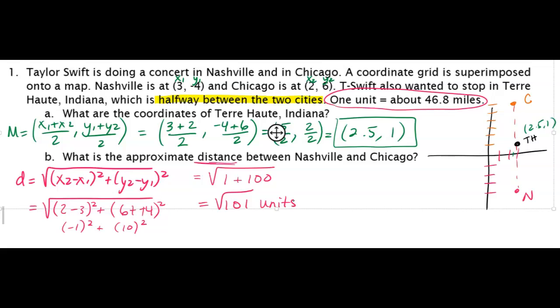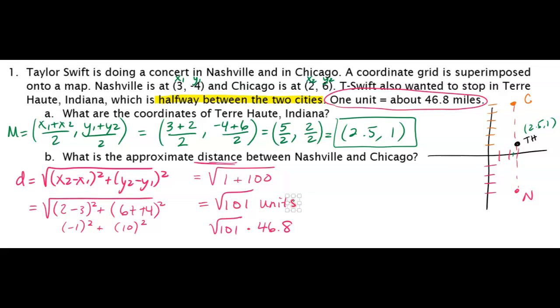So we're going to take our square root of 101 units and multiply it by the amount of miles that each unit is worth. So we're going to multiply the square root of 101 by 46.8. And that is going to tell us the amount of miles they actually are apart from each other.